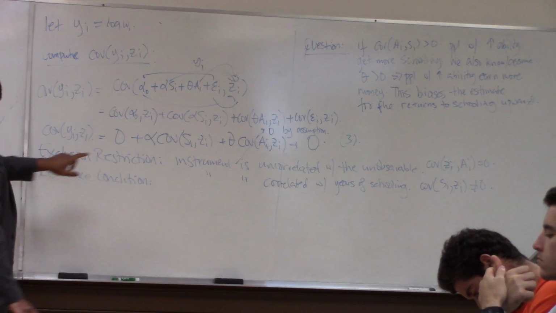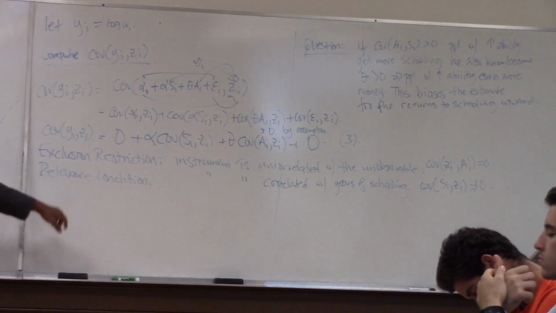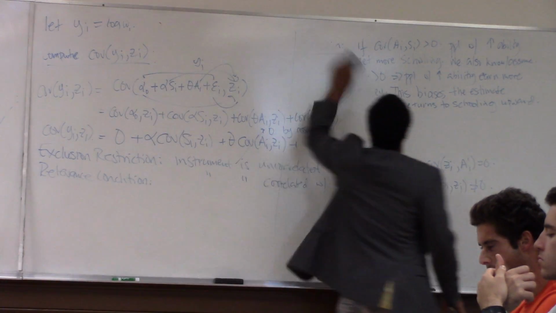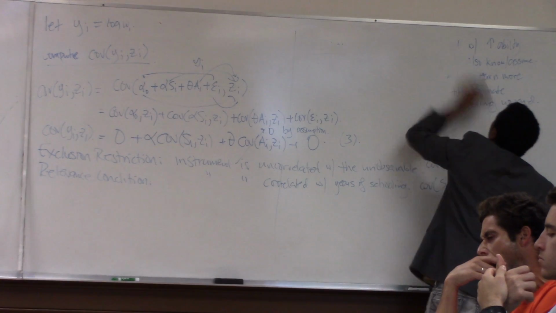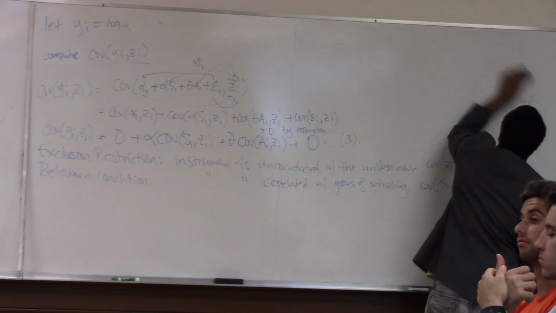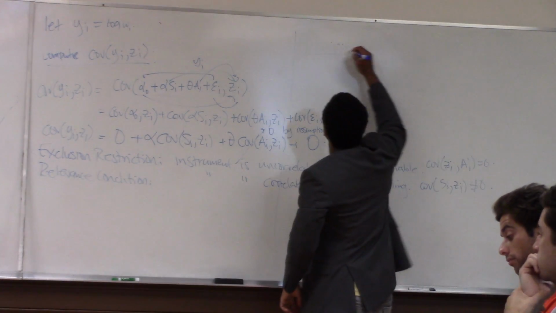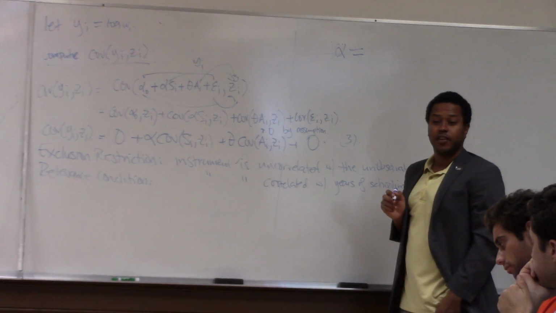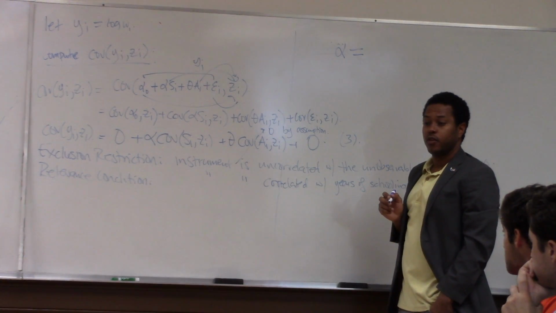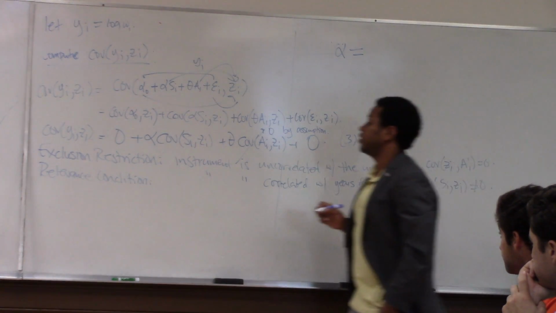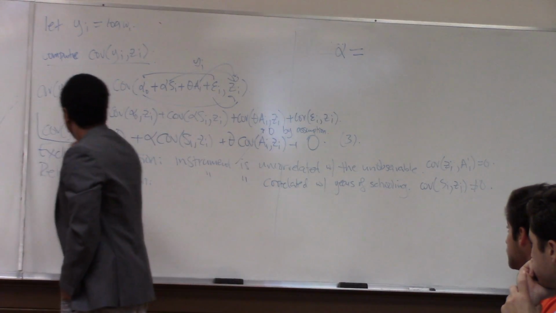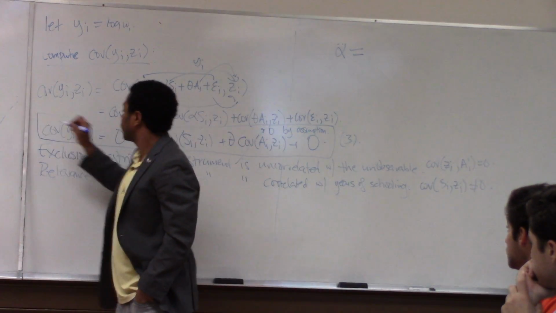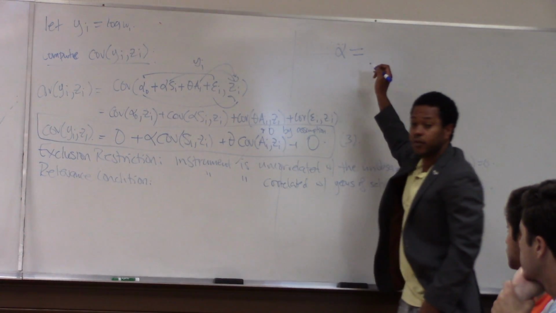Okay, so looking at equation 3, we can solve for alpha. What is alpha equal to? You can tell me what alpha is equal to on equation 3. Alpha is equal to what?